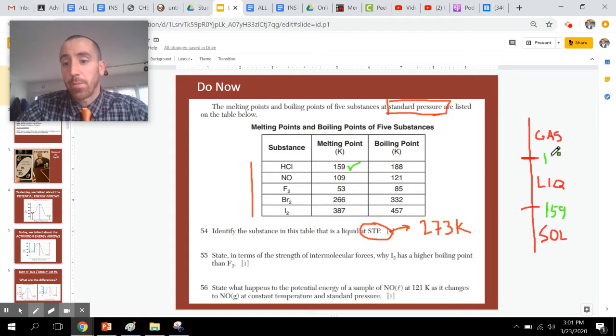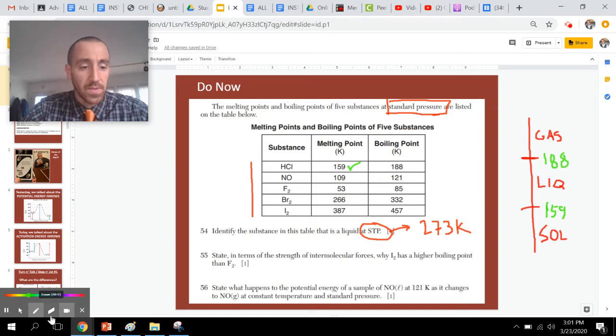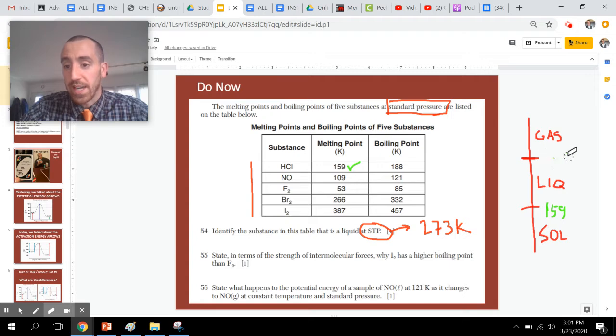So 188 would be the boiling point. That means at any temperature above 188 Kelvin, it's already a gas. And 273 is above 188. So HCl, according to this data, at 273 is a gas. So that's not going to work for us. That's not our answer. That's not a liquid. I'll do one more, then we'll just cut right to the answer here.